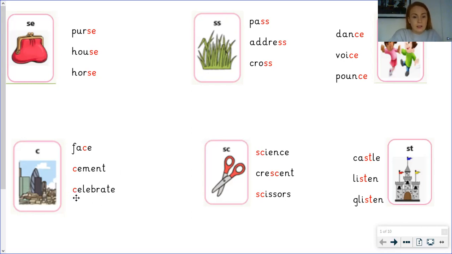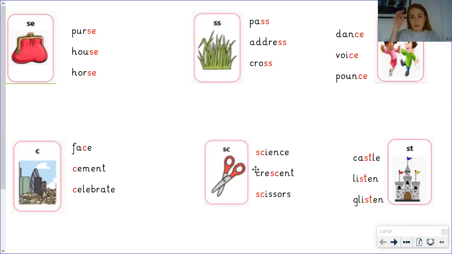And this one's tricky because this is an E, but this is an E. So it's l, celebrate, celebrate, like a birthday. And we've got this, and look, that makes a sound. So we've got I, s, again with the sound. Crescent.